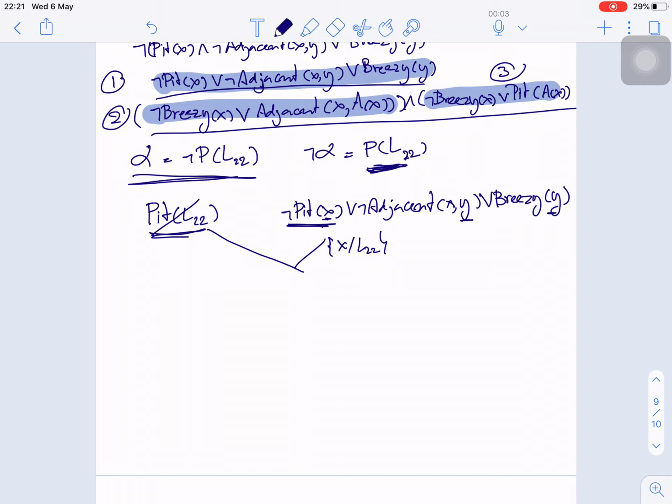So the result is you can remove pit L22 and not pit x. The remaining is not adjacent L22 y, or breezy y.